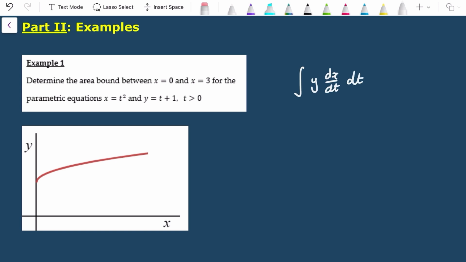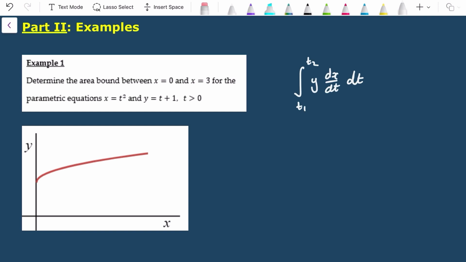And here I need to be careful. I need to change my limits. So whereas before I had between b and a, I now will have between t2 and t1. Okay, so I need to always remember to change the limits.